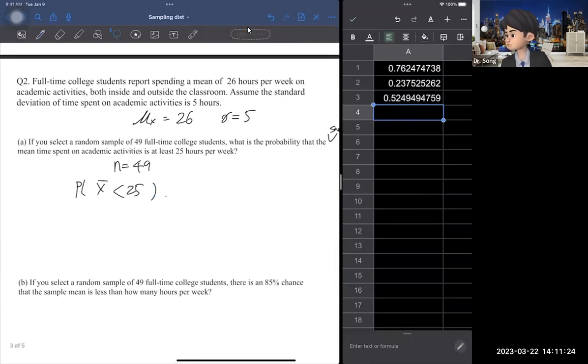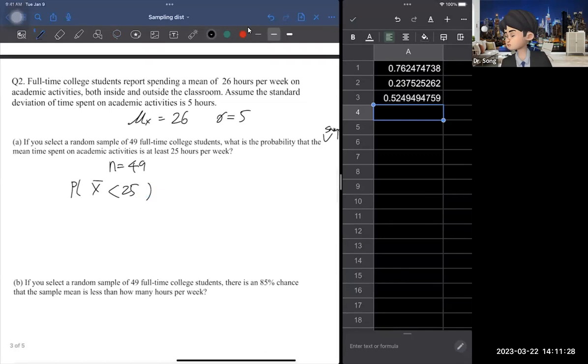In order to find this answer, we need to know the distribution of x bar. Like I told you, we don't know the population distribution, but we know the central limit theorem. So by the central limit theorem, x bar follows a normal distribution with the mean mu of x bar and standard error sigma of x bar.